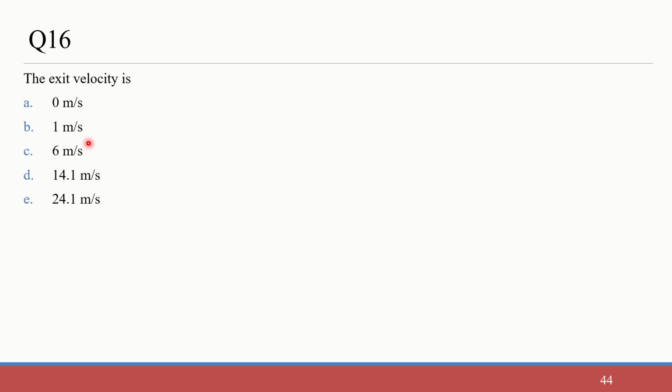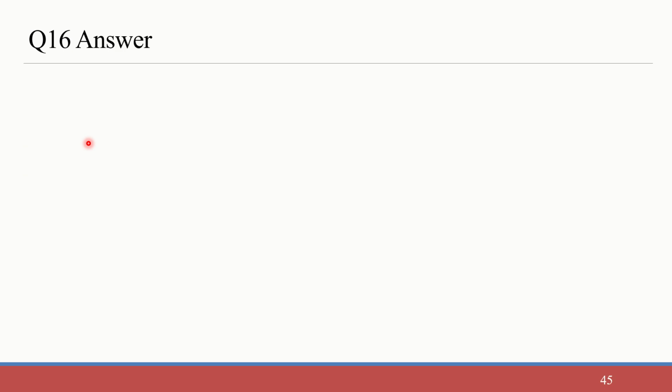Option E 24.1 meter per second. Option F 34.1 meters per second. Option G 44.1 meters per second. So the answer is option F, 34.1 meter per second.